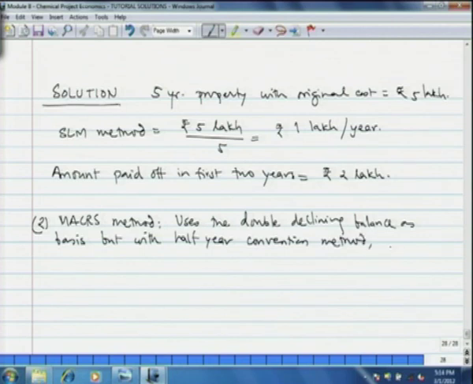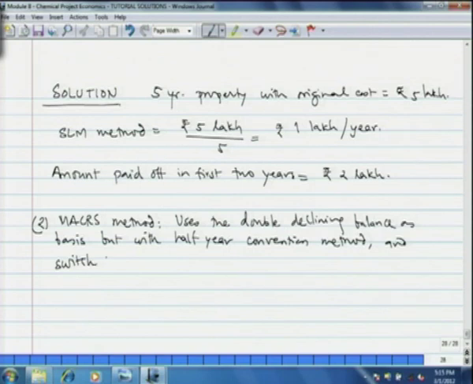And then it switches over to the straight line method on the remaining balance when it gives higher annual depreciation than obtained with double declining balance method. So that point we note.